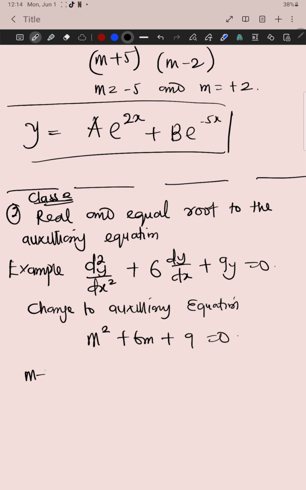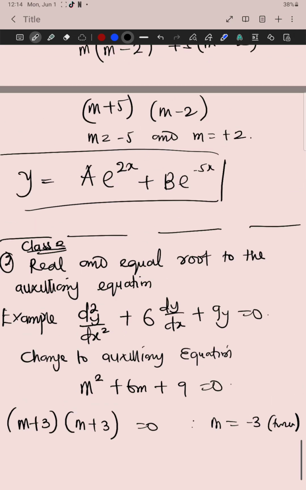So you have (m plus 3) squared is equal to 0. That means you have m is equal to minus 3. You have it twice. It's appearing 2 times because m is equal to minus 3 twice.